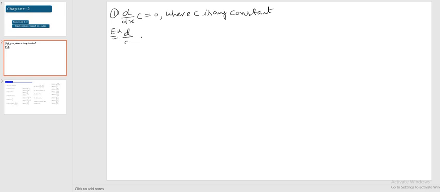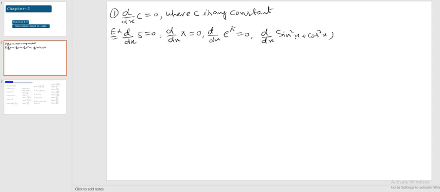Like d/dx of 5 equal to 0, d/dx of pi, which is also constant, is 0, d/dx of e to the power pi equal to 0, d/dx of sine square x plus cosine square x. Because this is an identity, its value is 1, so it is 0, like that.